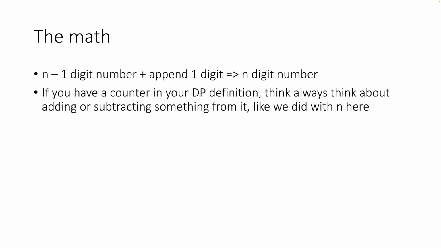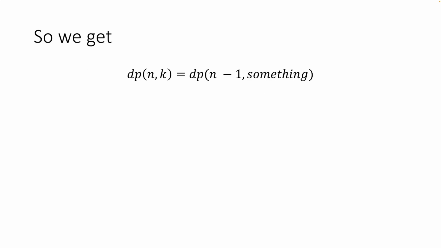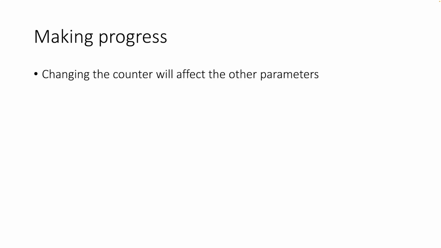If you have a counter in your dynamic programming definition, like n here, then always think about adding or subtracting something from it, like we did with n here. So, until now we have dp of n,k is equal to dp of n-1 and something. We need to see what we can plug in for the second parameter. But we're making good progress.